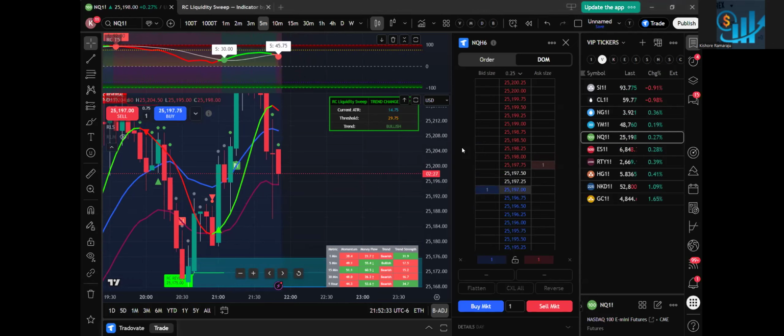Next, do you have any questions? Yeah, Kishore, I'm not seeing this RLS indicator. Could you add it for me? What's your username? Sridhar46. You already added this, right?